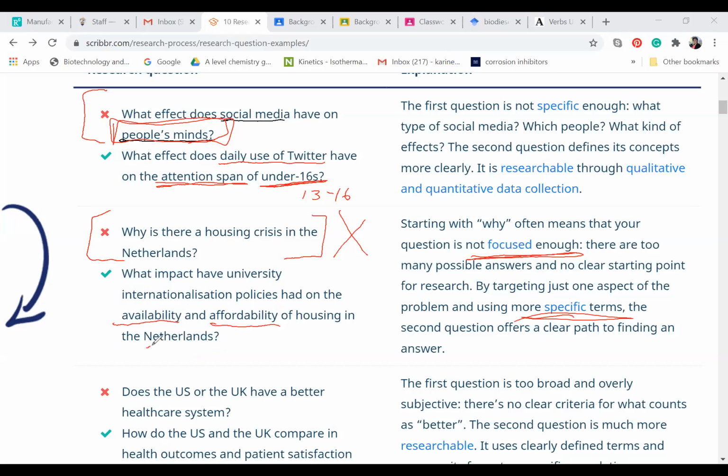Also, where exactly we are talking about. Also, which factor we are looking at. We are looking at only one factor, internationalization policies. So these people are probably thinking that once the universities are international, then lots of other people are coming to those areas from abroad.